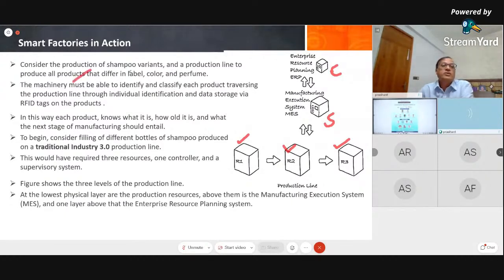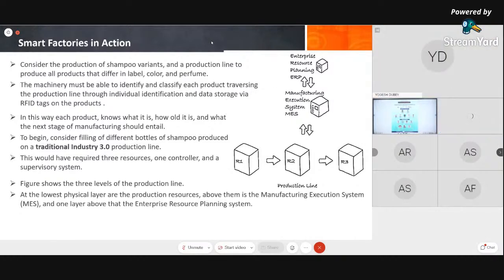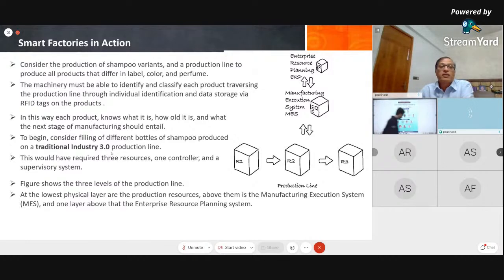Going by the previous concepts of Industry 3.0, the processing has to be done in a serial way. There's an RFID tag, fine, but serial processing means that you need some basic ingredients. That's resource one.